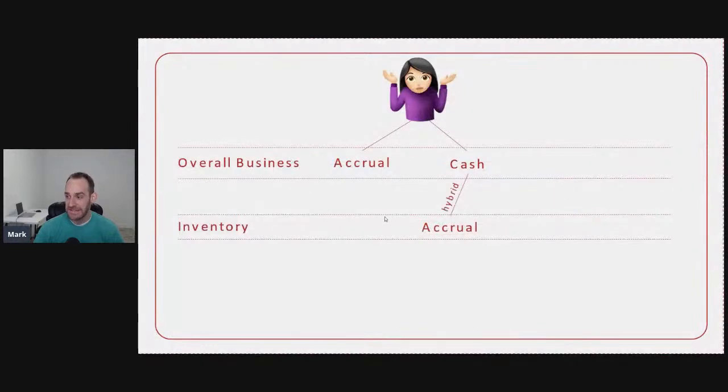But now, since 2018, technically it's a hybrid method because it's cash for everything except for inventory. Using this method of accounting for your inventory is a better indicator of your income. And I'll show you an example of what I mean by that. It matches up the inventory expense with the revenue that it belongs to.